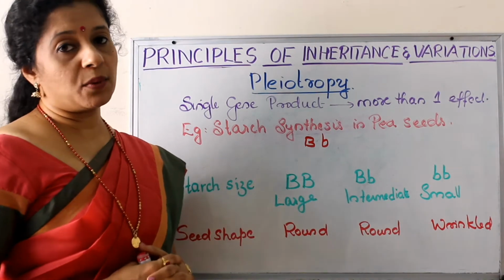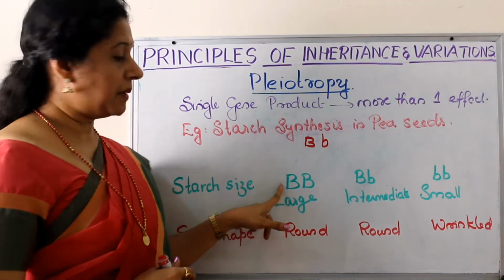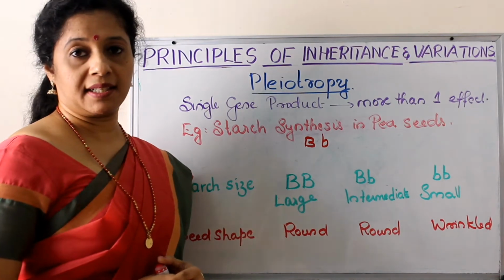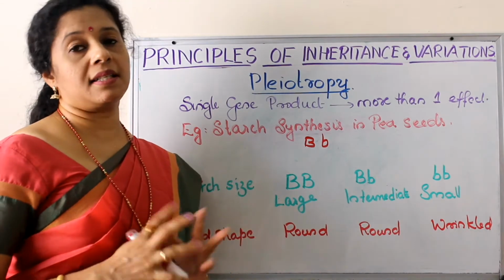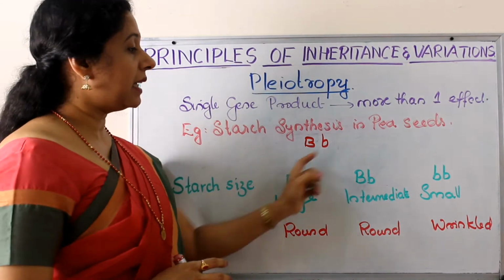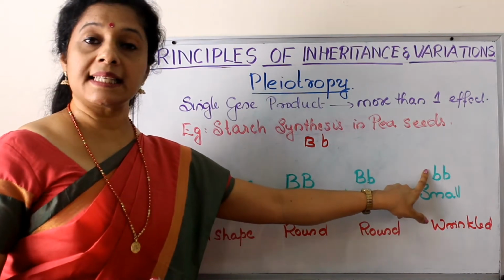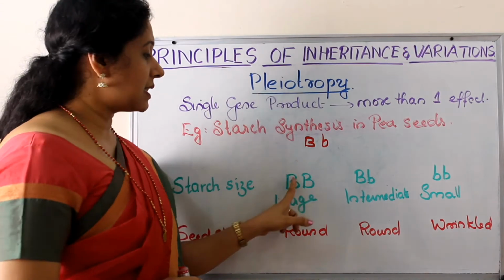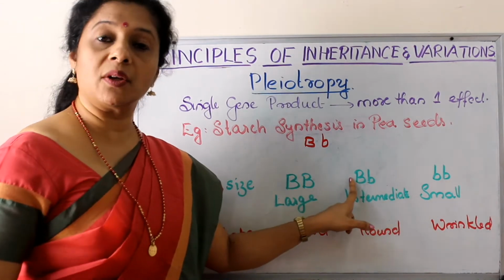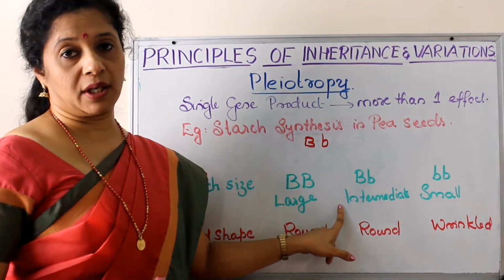Now look at a situation. If it is homozygous capital B, that means both the alleles are dominant, then the size of the starch will be large. But if it is homozygous recessive, small b, then the starch size will be small. If it is capital B and small b, that is the heterozygous condition, we get an intermediate phenotype.